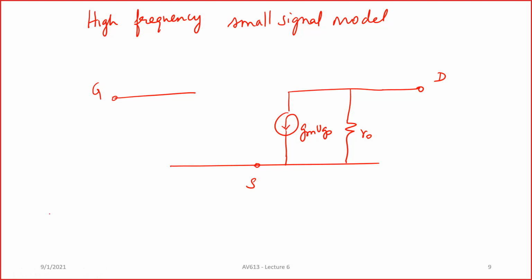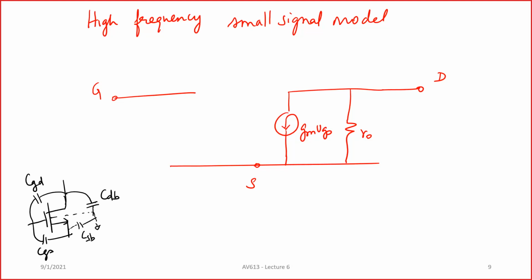Now if you take a device, let's say a MOSFET, what are the capacitances that are there? You have CGS, CGD, and then let's say this is your bulk, which is connected to ground, so you have a CDB and you have CSB, right?